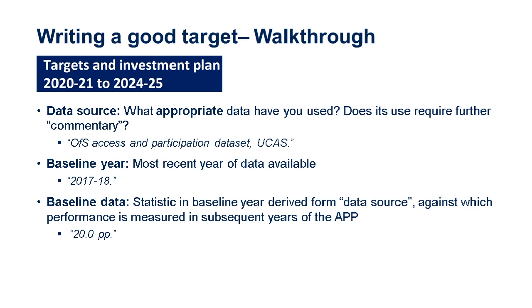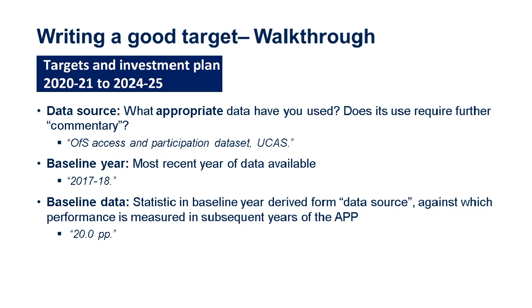So the various fields in the targets and investments plan, first of which is the aim. So what do you want to achieve with this target, and is it outcomes based? So for example, our overall aim could be to reduce the attainment gap for students from underrepresented backgrounds. So within those underrepresented backgrounds, what do you mean? What group are you trying to target? So an example would be ethnicity.